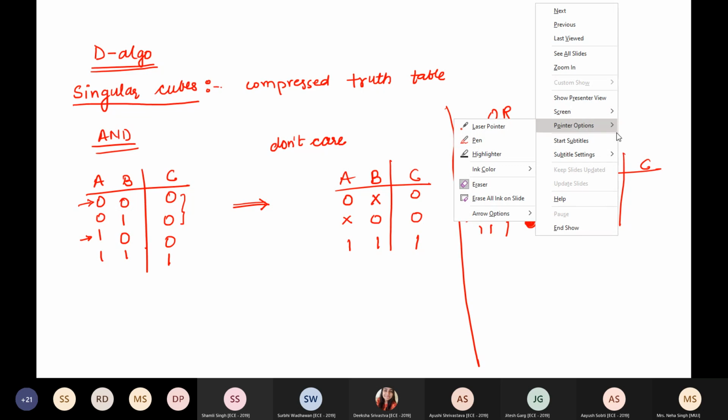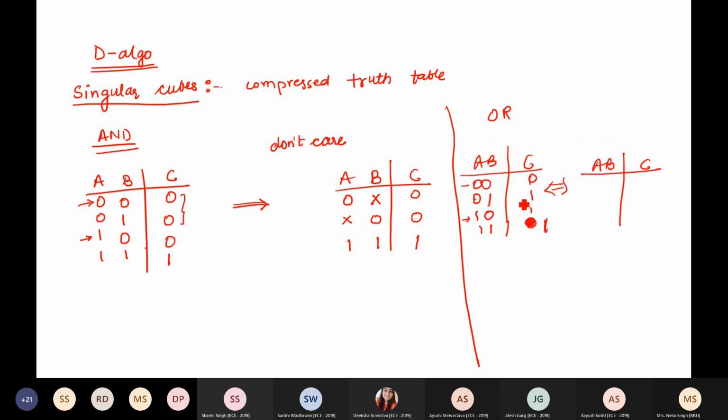How will I combine now? 0 0 0 remains as it is because it cannot be combined. No other entry for output equal to 0. I can combine the second and the last row so that if A is don't care, B is 1, then the output will be 1. Similarly, the third and fourth row. So if A is 1 but B is don't care, my output will again be 1. Right? So this is my singular cube or primitive cube.